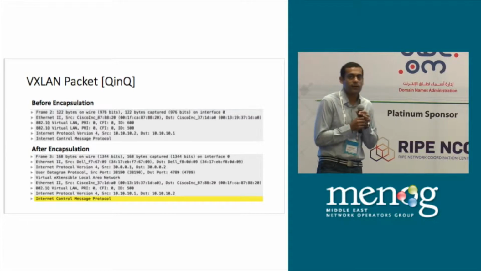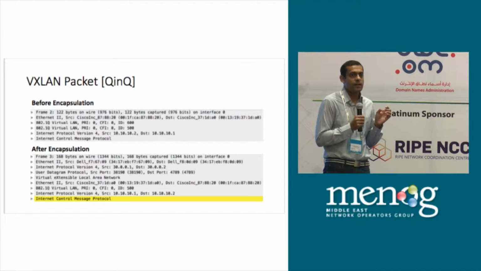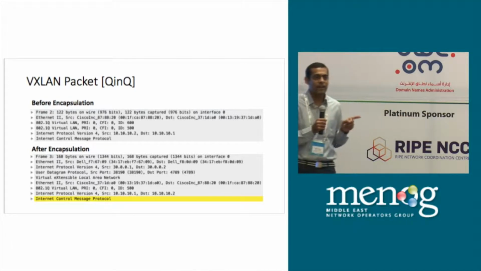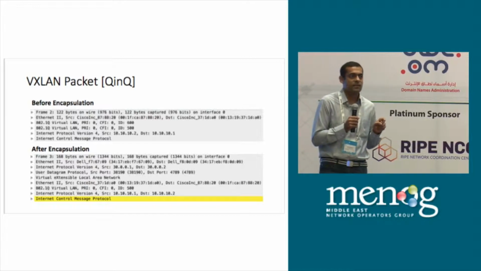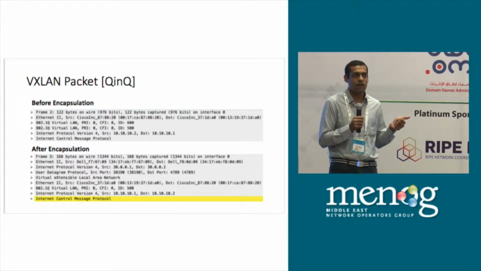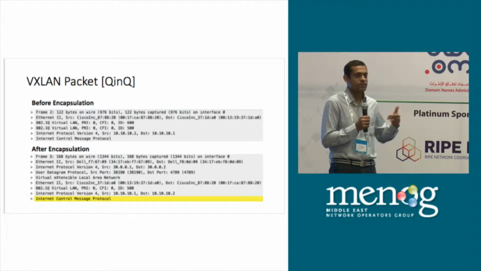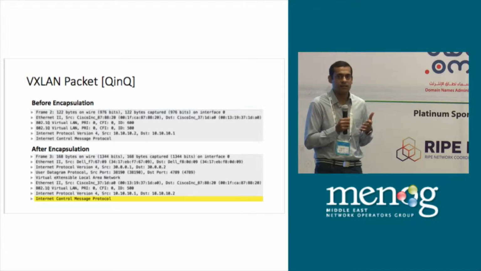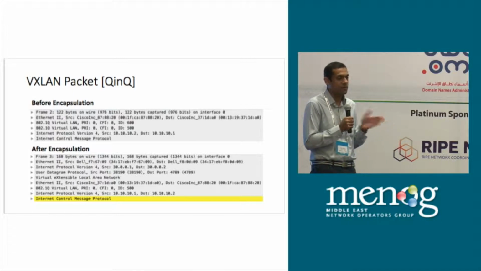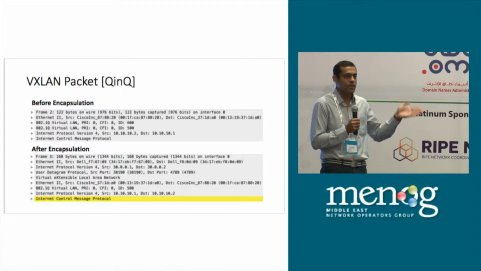So why is it important? The use case: if you have multiple data centers and you want to connect them, what are the options? Either you buy a dark fiber between the data centers, or just capacity between the data centers. If you're buying layer 3 capacity between the data centers, you can use VXLAN to connect them.